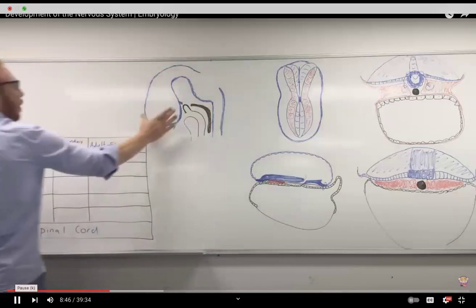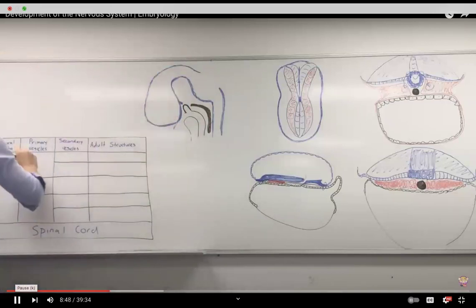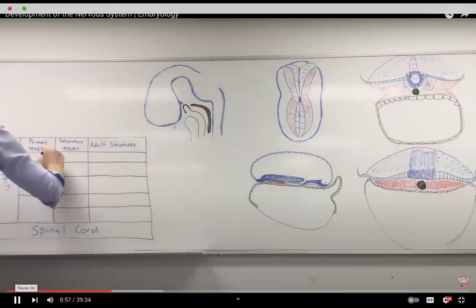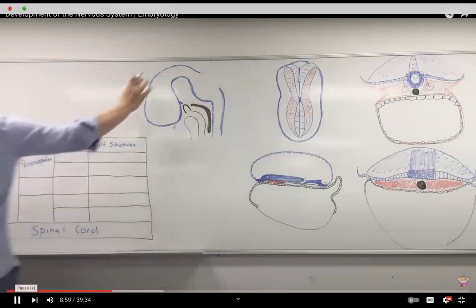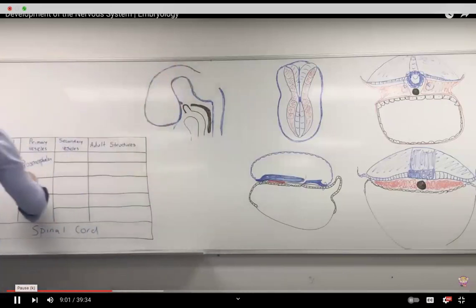The first one, the big vesicle at the top, is called the prosencephalon. The one in the middle, about here, is called the mesencephalon.